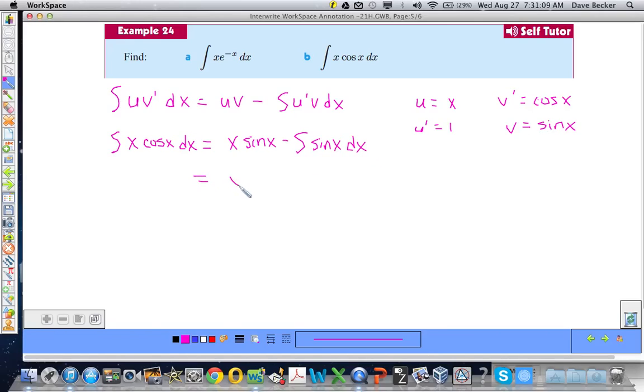So this will be equal to x sine x, and the integral of sine x is negative cosine x, so that becomes, let's see, plus cosine x plus c, and there you have it. Okay? If you want to check, take the derivative, and I guarantee you will get x cosine x.